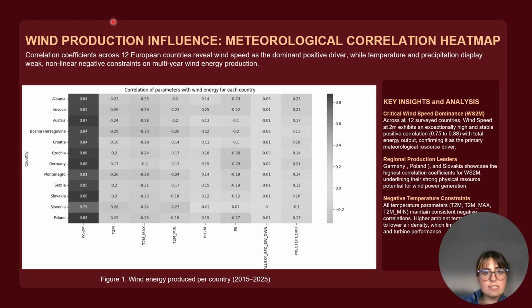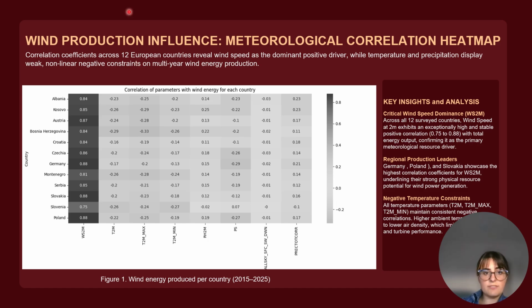The consistency of the correlations is exceptional, especially in Slovenia, where it's 0.75, and in Germany, where it's 0.88, then Poland and Slovakia. This makes very logical sense, because wind speed is the fundamental variable for generating wind power.